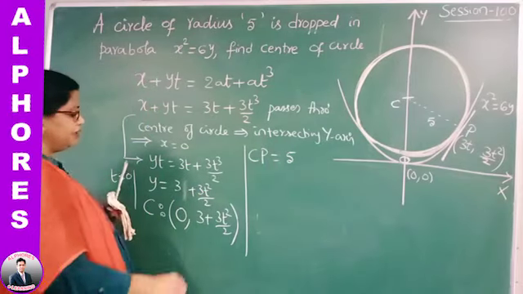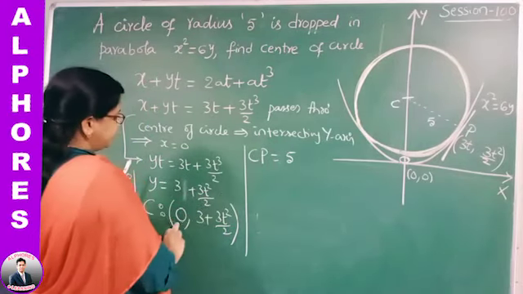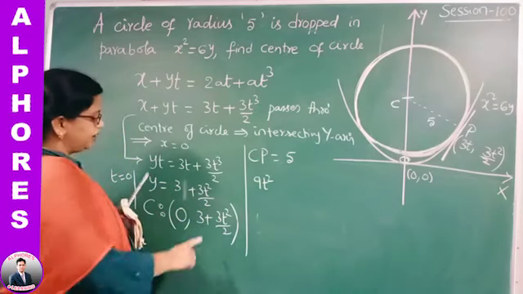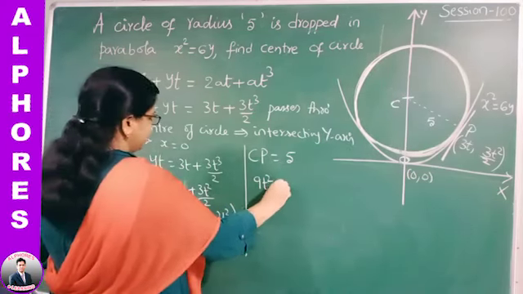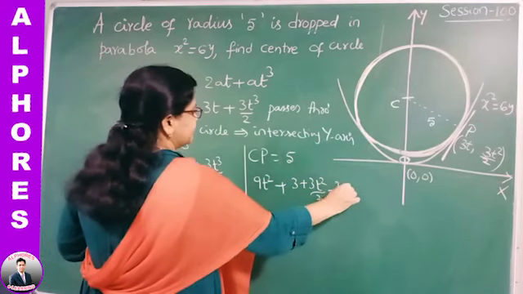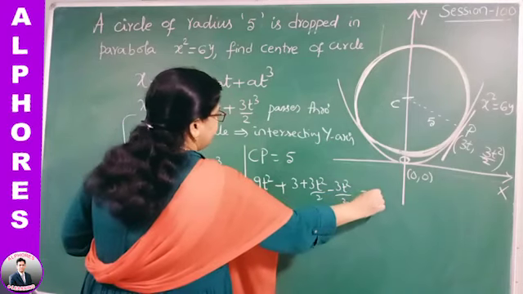Then we use the distance formula: (3t minus 0) whole square, it is 9t², plus (3 plus 3t²/2 minus 3t²/2) whole square, and this side I am writing 25.